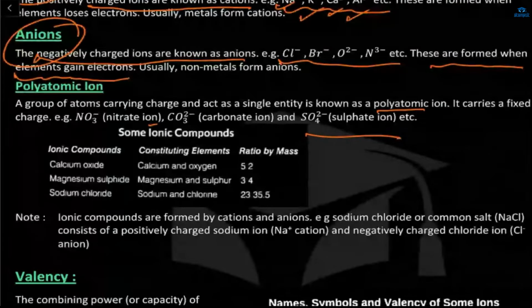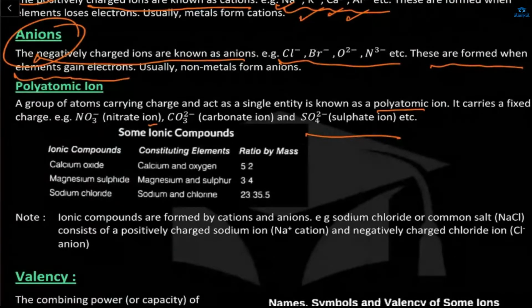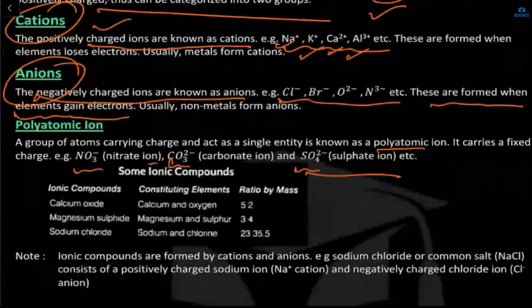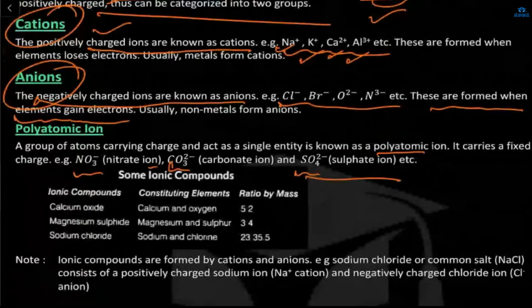This acts as a single entity. So these are polyatomic. Here N is nitrogen and O is oxygen, here C is carbon and O is oxygen, here S is sulfur and O is oxygen. So these are known as polyatomic ions.